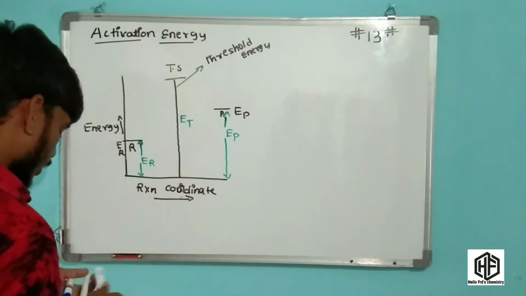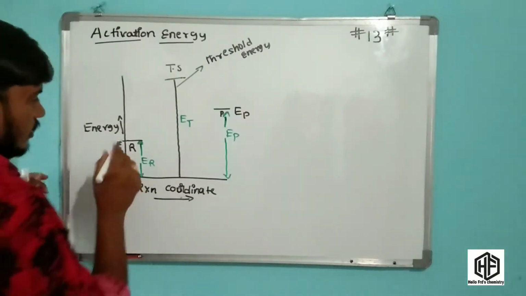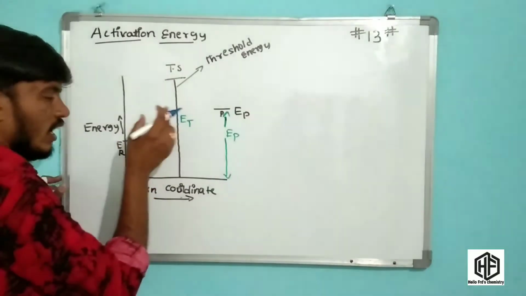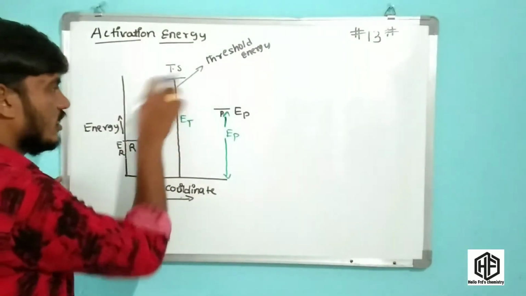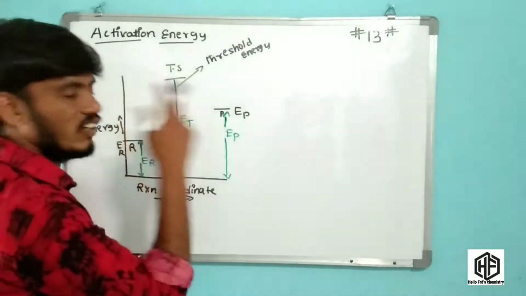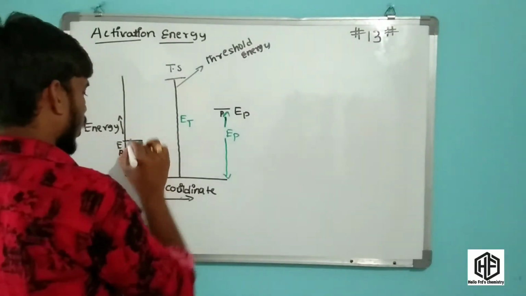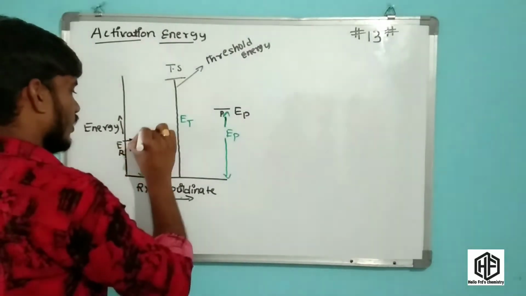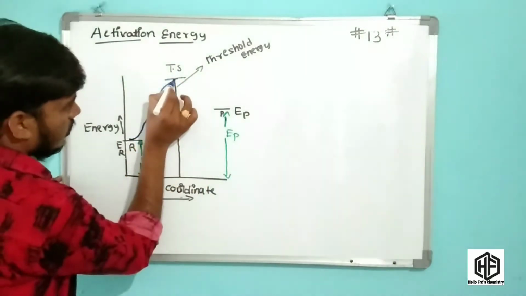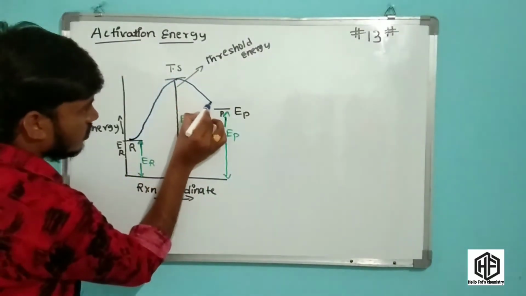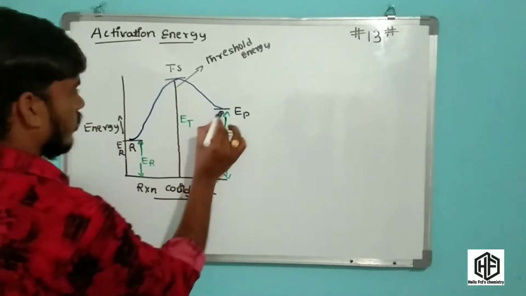First of all, the reactant requires some energy to cross this transition state. That energy is called the activation energy. The reactants cross this transition state, and after the transition state they are converted to the product.